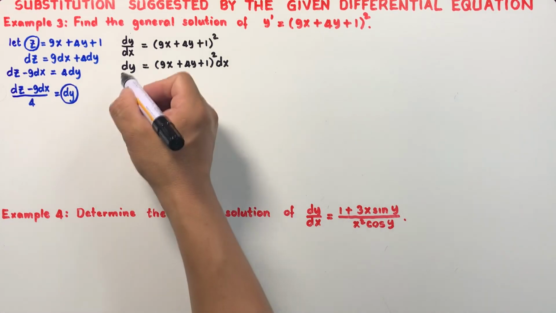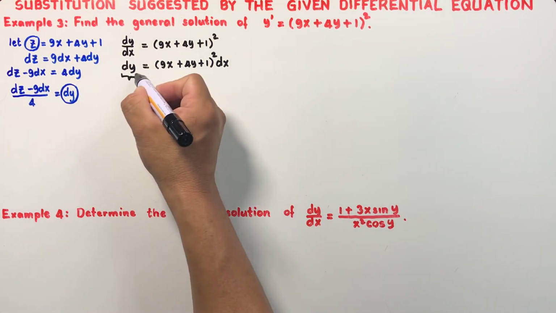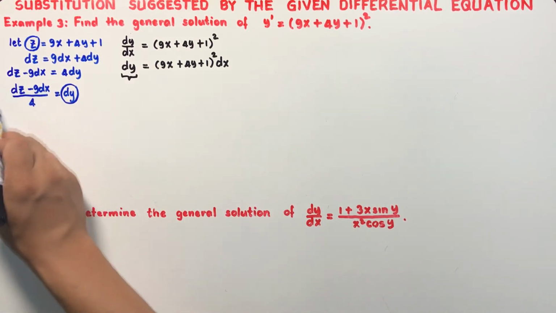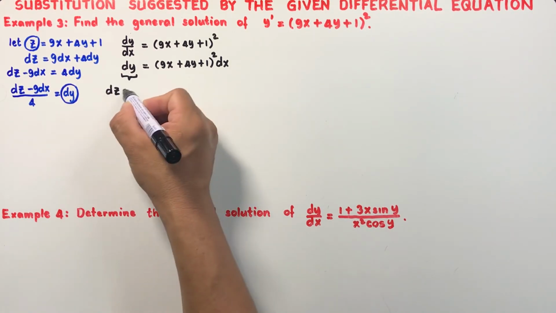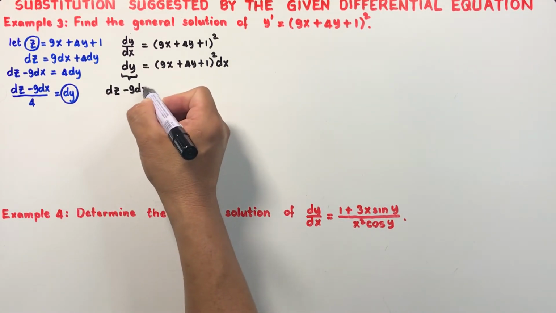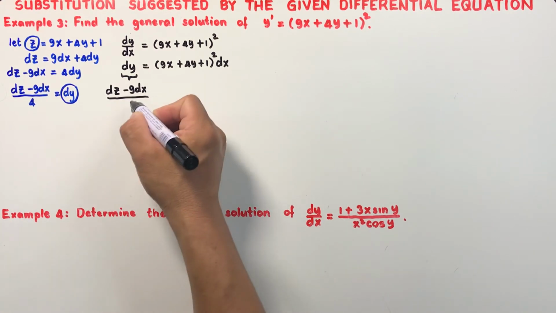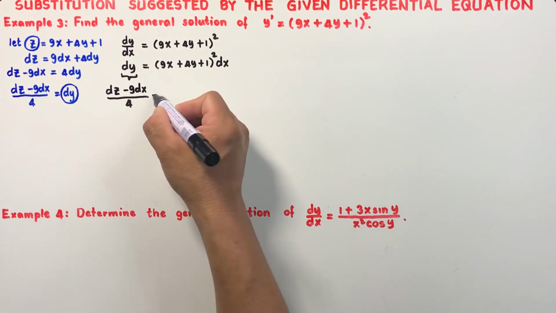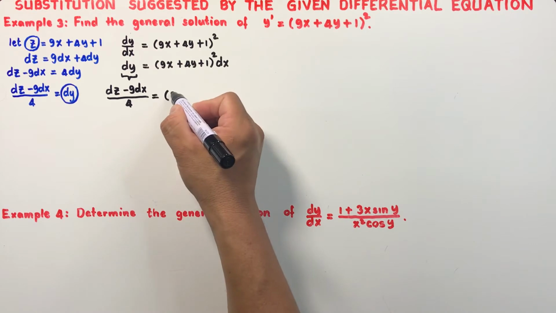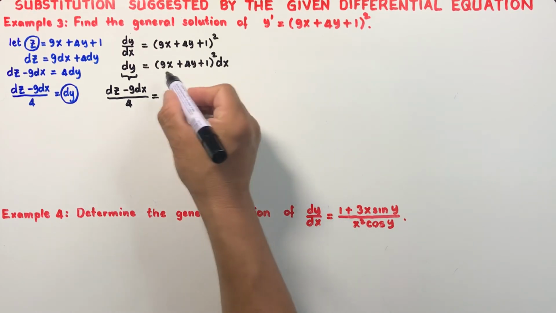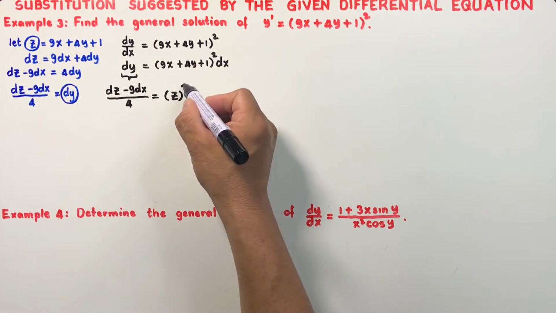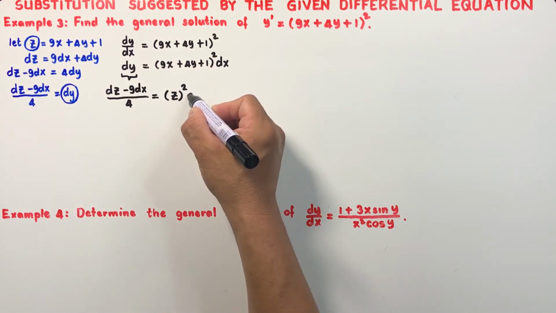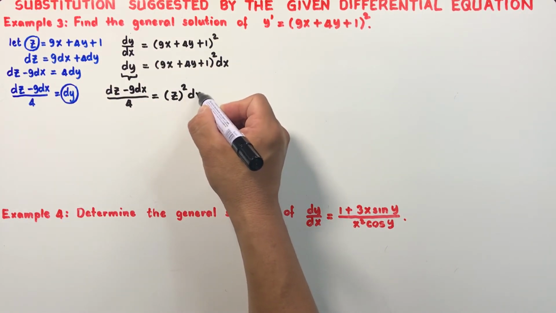So instead of writing dy here, we will write its representation, which is dz minus 9dx, and this is divided by 4 here, which is equal to z squared, because this trinomial, we represent this one as our z. And this is multiplied by dx.